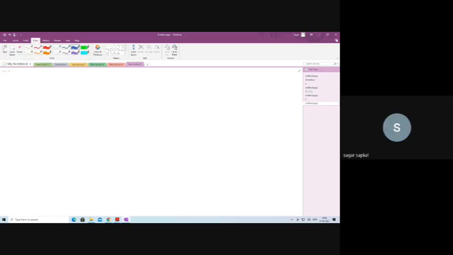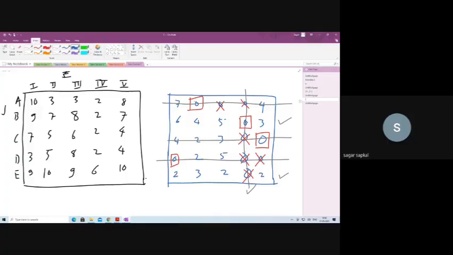ओके सर. Two is the smallest element. Subtract it from all the elements which are not on the line. Okay.